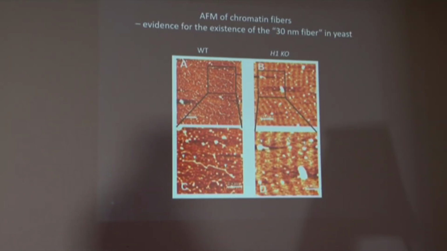It is easy to work with yeast because they've got only 1 gene, while in humans the linker histone genes are 11, so we've got 11 different variants of H1, and it is very hard to delete all of them.